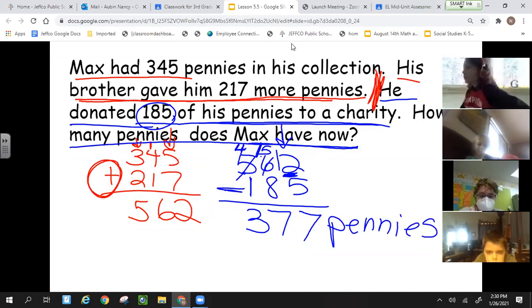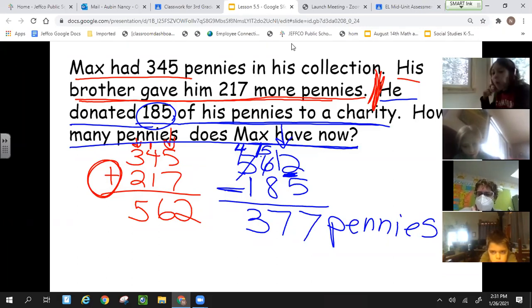All right, give me glitter if you got that right. If you did not get that right, do you understand it now? Okay, I saw a lot of conversation over here, boys, but now are we good, Finn and Max? I don't know if you were debating. Are you good now?